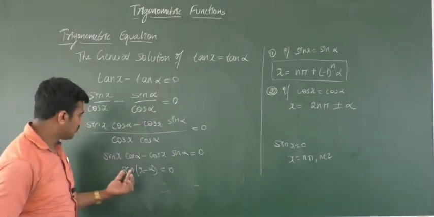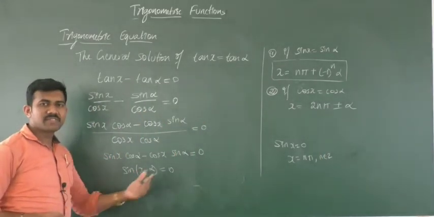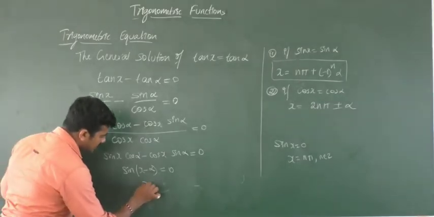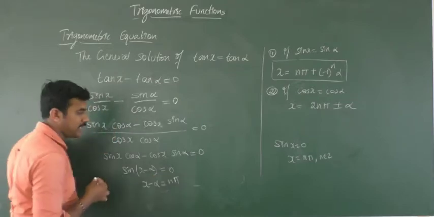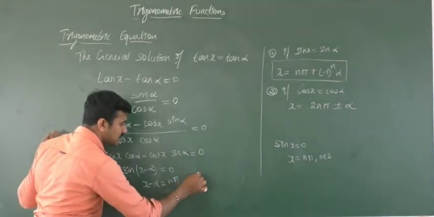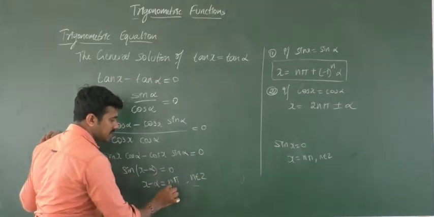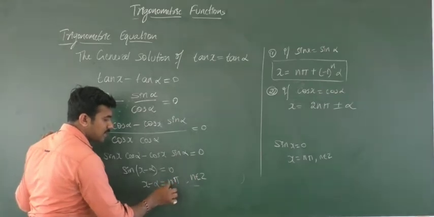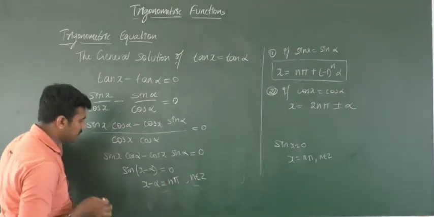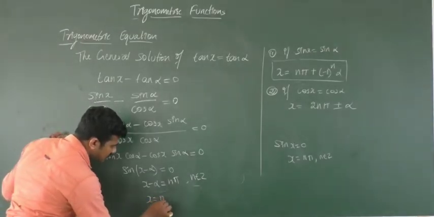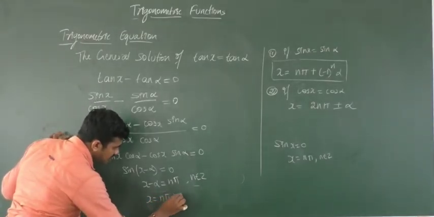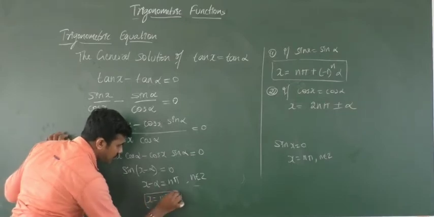Same here also. sin(x minus alpha) is equal to 0 means x minus alpha must be an integral multiple of pi, where n is an integer and pi is multiplied with the integer. So now we can write this as x is equal to n pi plus alpha, by bringing alpha to the right hand side.